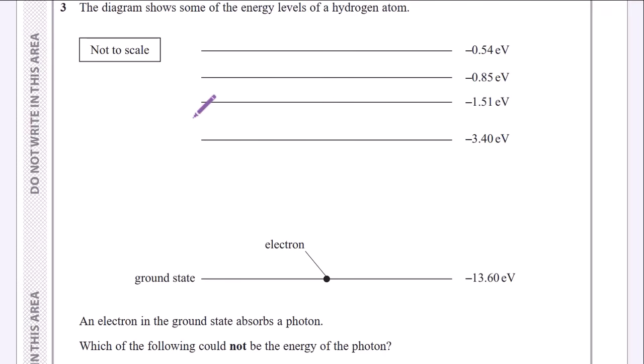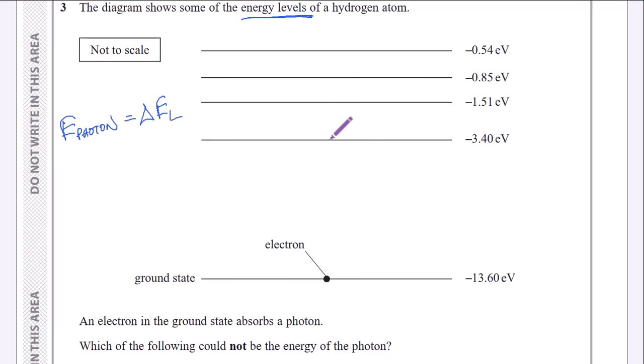Okay, so this is an easy but interesting question. The diagram shows some of the energy levels of a hydrogen atom. So guys, every time you come across energy levels, in your head just recall this equation. Energy of the photon is always equal to the difference in energy levels.